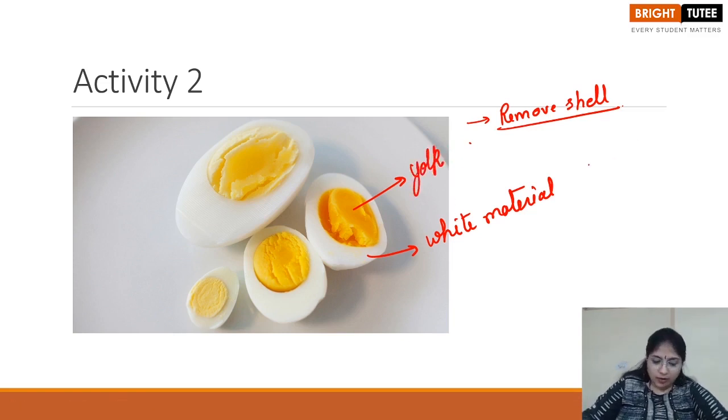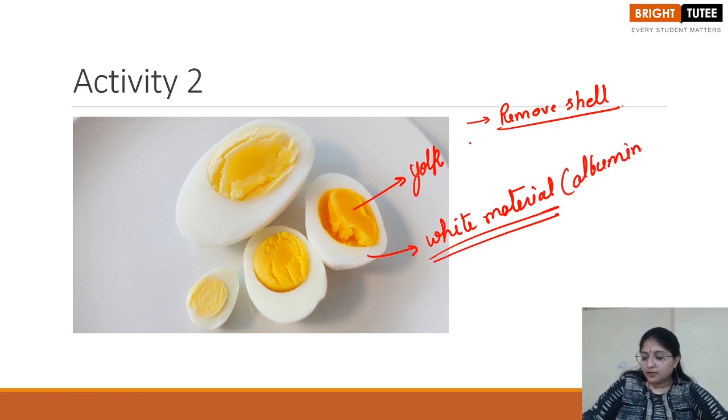Now, when we are boiling the egg, what happens? This white matter, which is the albumin, solidifies. The albumin becomes solid, and this is the part most people eat.